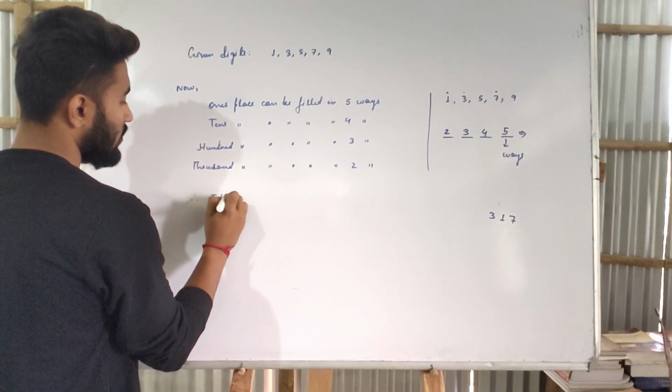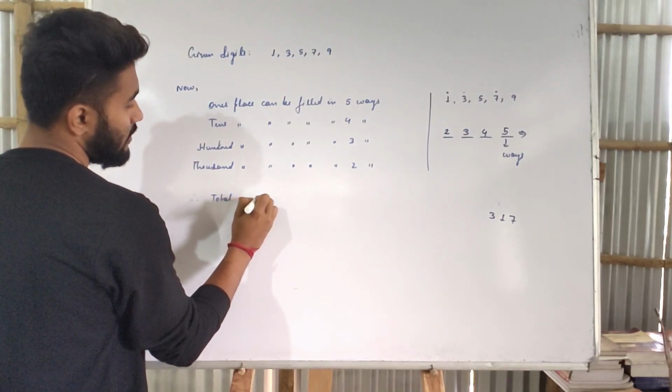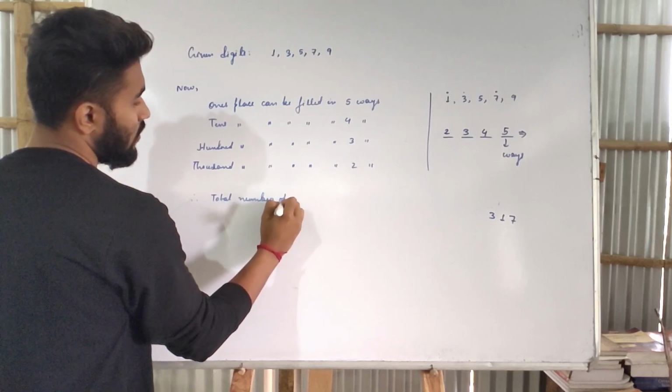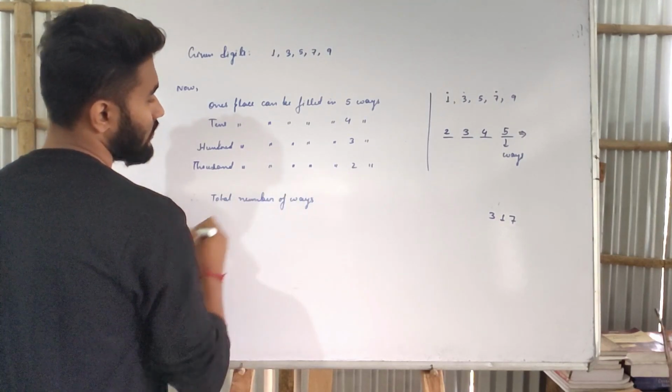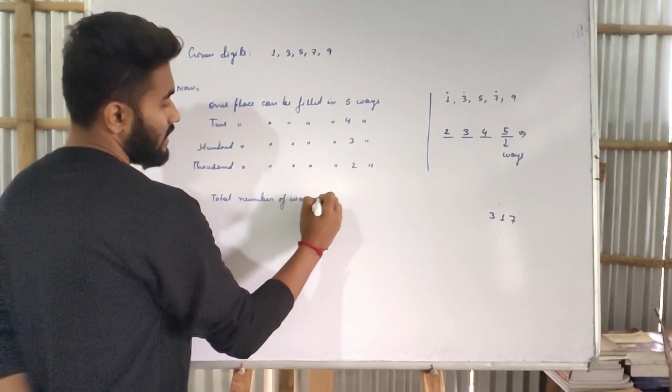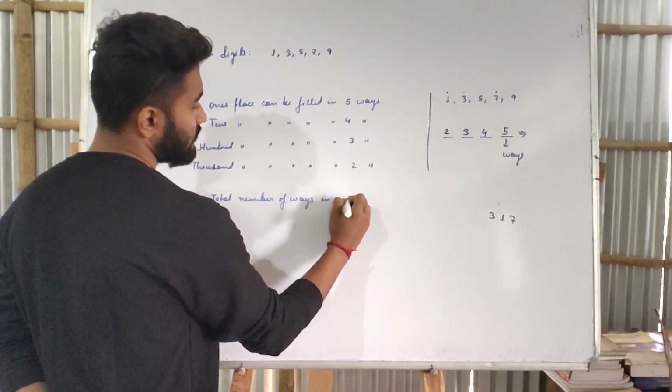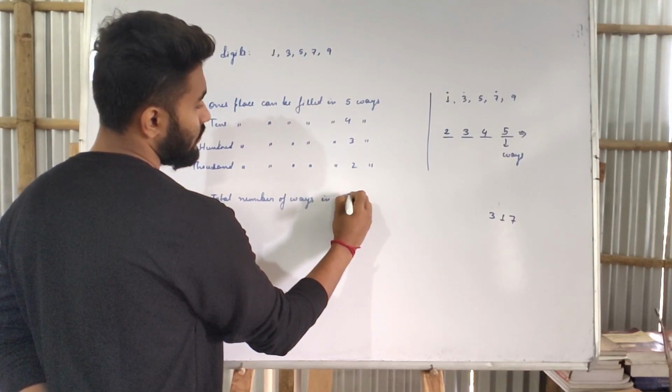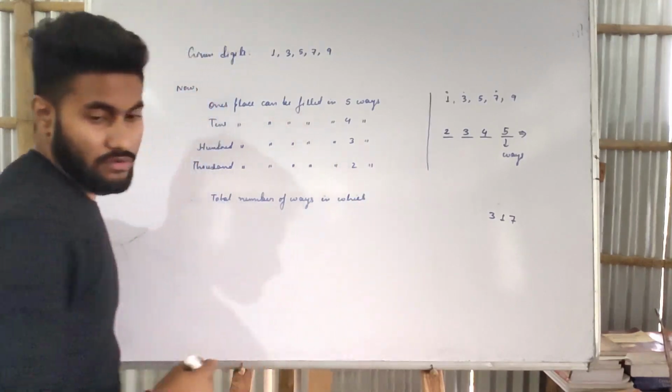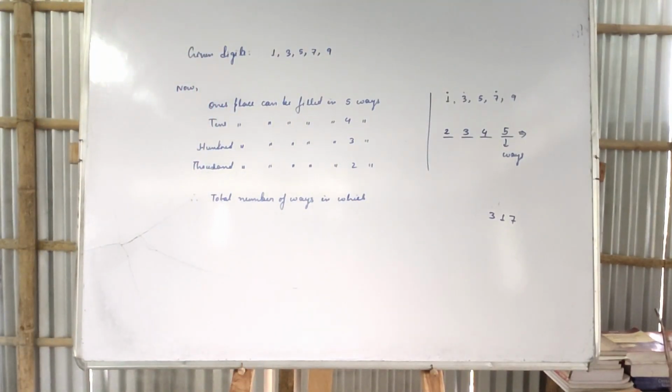Therefore, what was the question? How many 4-digit numbers can be formed?